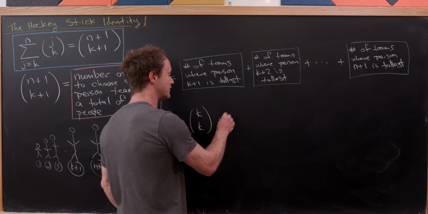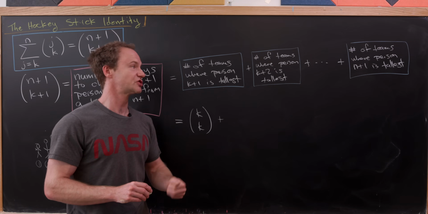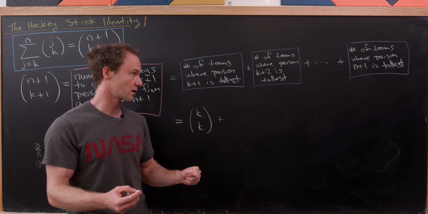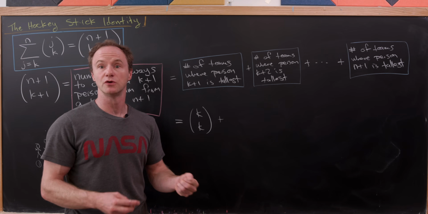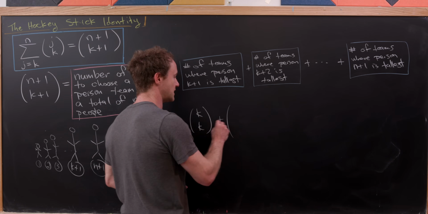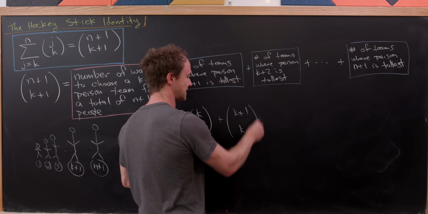And then let's move on to the next case. The number of teams where person k plus 2 is tallest. There are k plus 1 people shorter than person k plus 2. We need to choose k of them. So that's clearly going to be k plus 1 choose k.